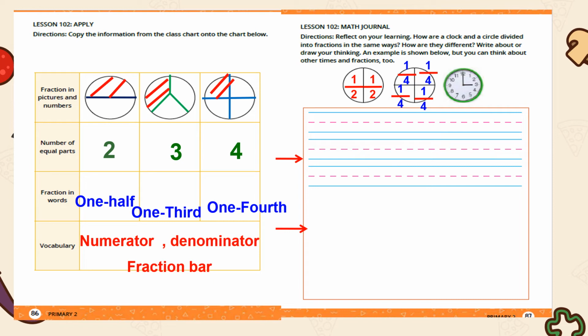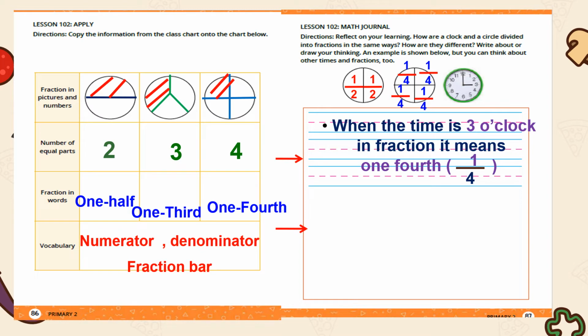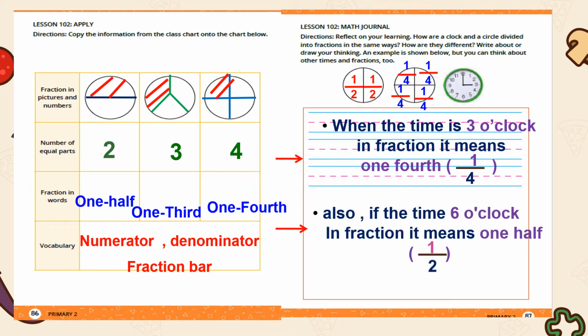So this part is 1/4. So the fraction here is 1/4. The next circle is divided into 2 halves. So when the hour hand is on 6, it means it takes half a part. So the fraction here is 1/2.